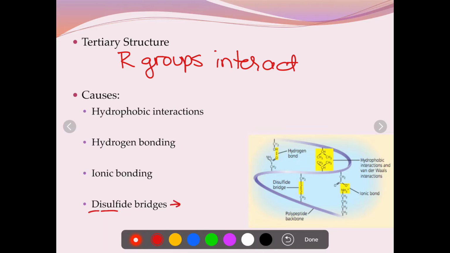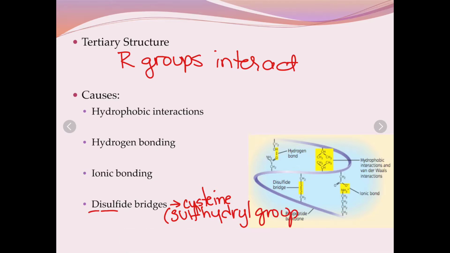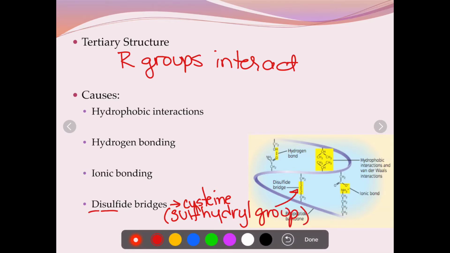And these are caused by cysteine, which is an amino acid, which has a sulfhydryl group. That sulfhydryl group forms a covalent bond in the backbone.